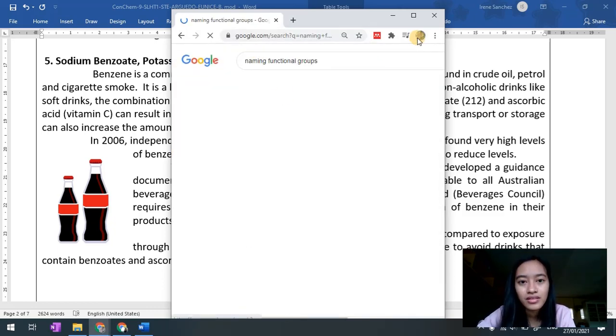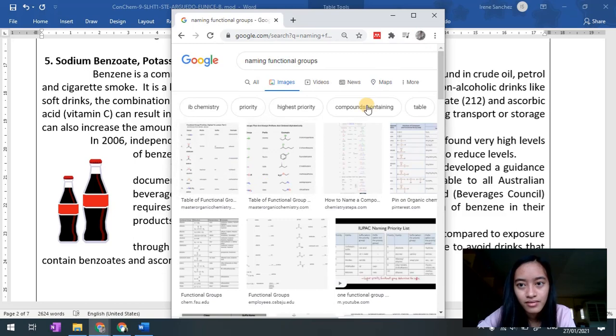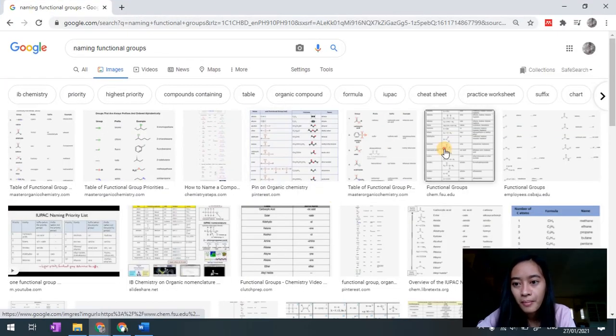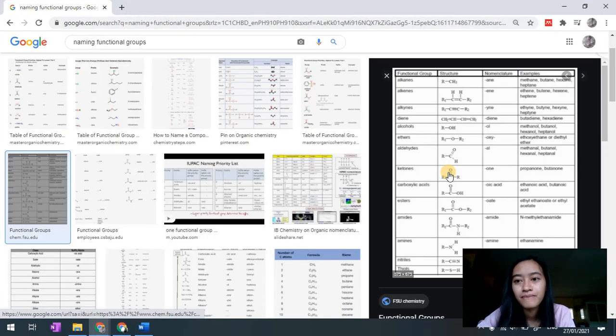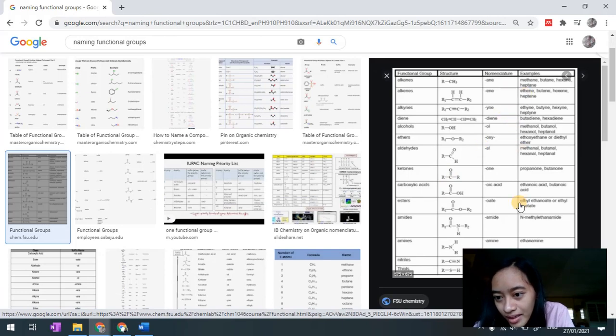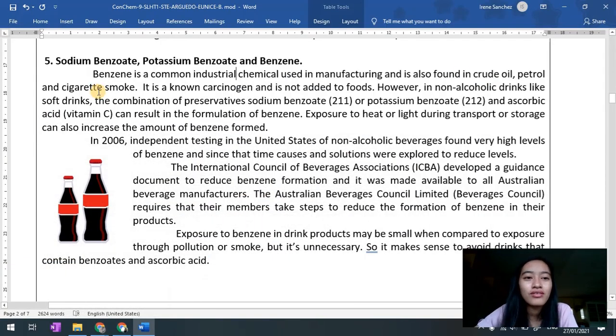Functional groups, images. The ones with the ester group here. They are esters. Right, so sodium benzoate, potassium benzoate, and benzene.